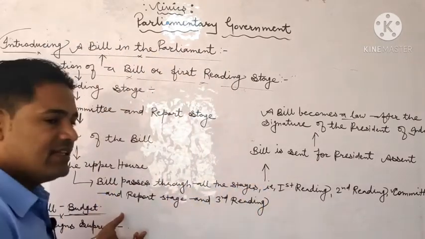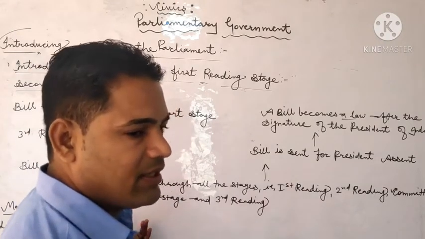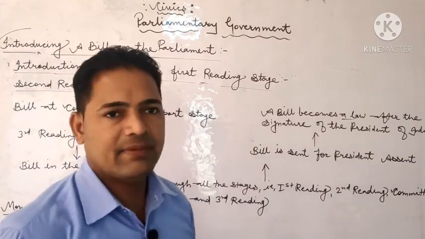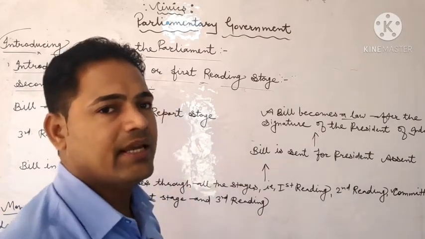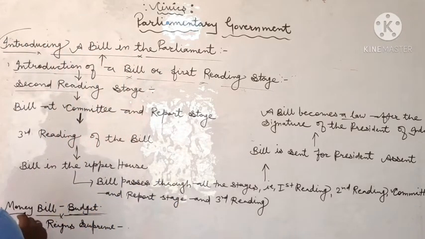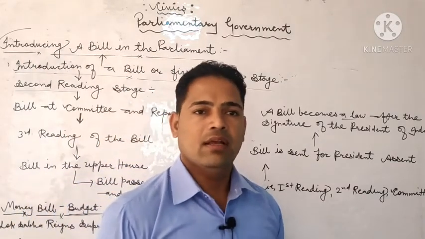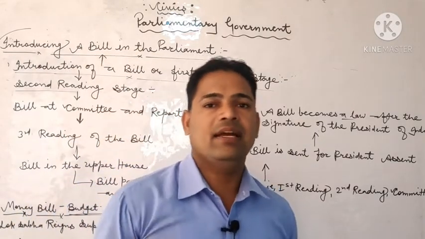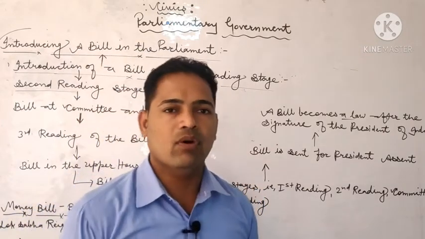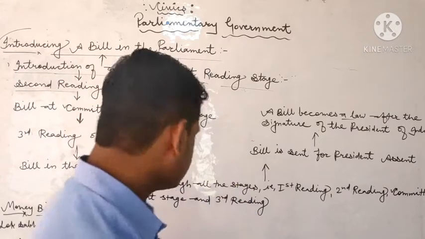And if the Rajya Sabha wants certain changes in this bill, it is still not compulsory for the Lok Sabha to accept them. So the money bill we can pass directly in the Lok Sabha only, not in the Rajya Sabha. Any other ordinary bill, as you know very well, needs the majority of both the houses, and only then is it changed into a law.